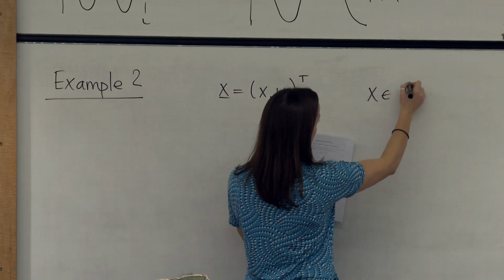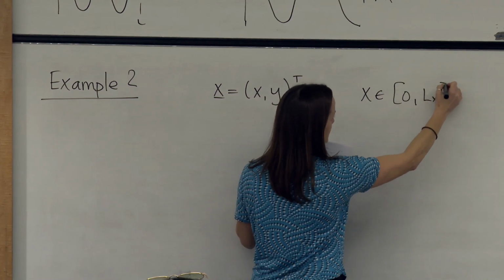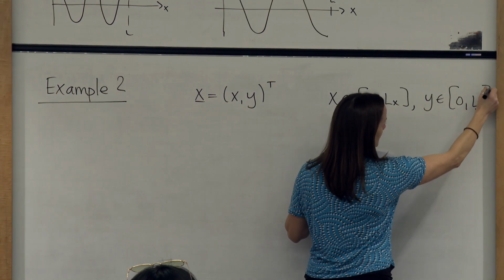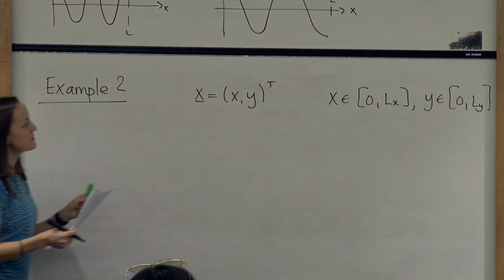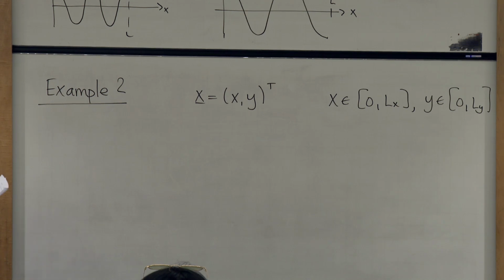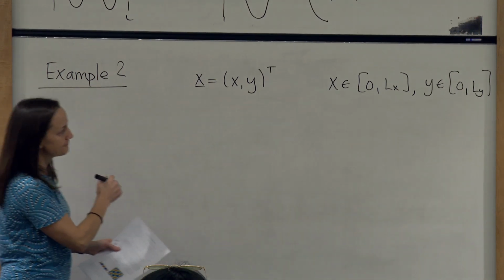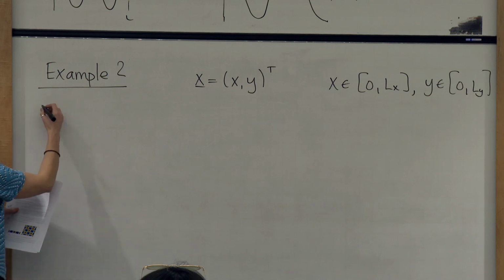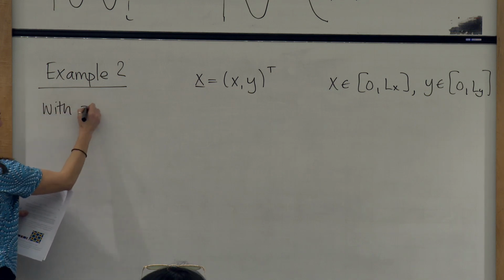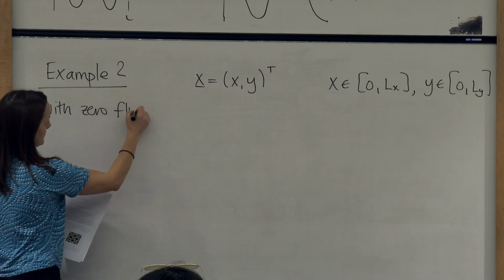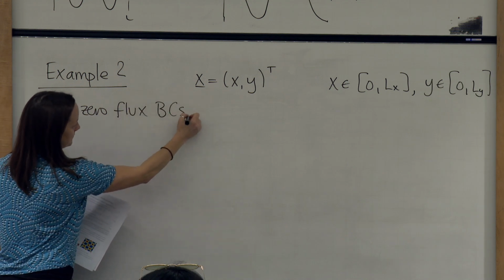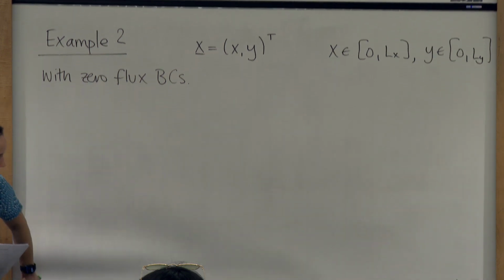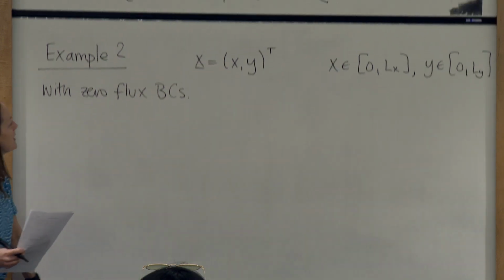So x lies between 0 and Lx, y lies between 0 and Ly, that's my domain. And I want to take the same zero flux boundary conditions. So I'm solving exactly the same problem as before.